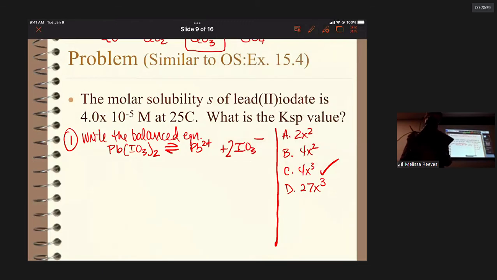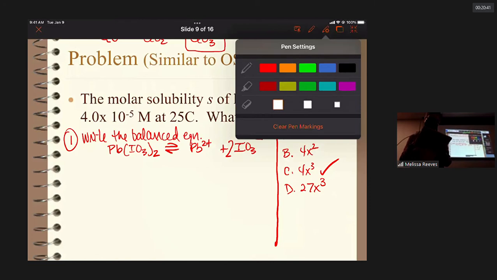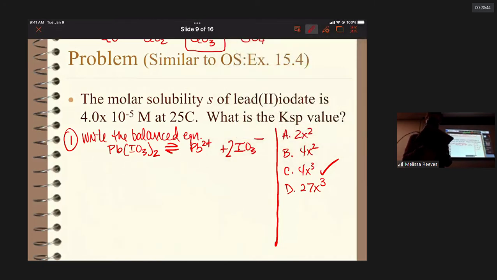So how do I get that? So doing my ice table, I've got so much lead iodate solid sitting around. It's not all going to dissolve, but how much lead and iodate do I make? I'm going to make X of the lead and 2X of the iodate.